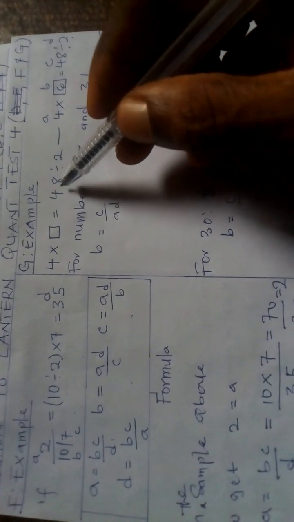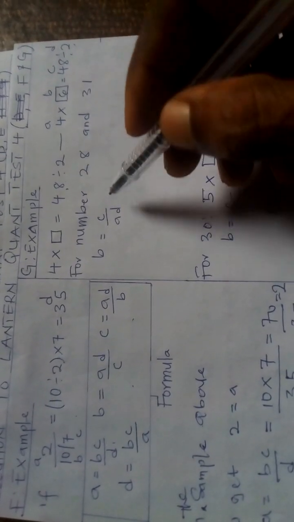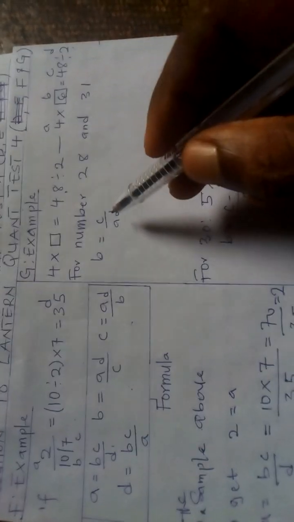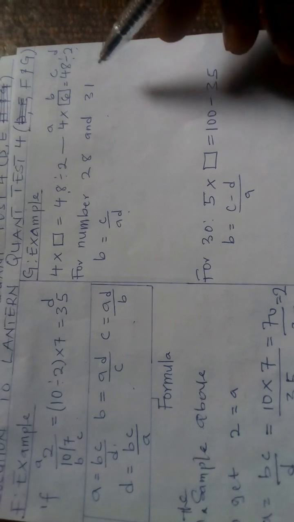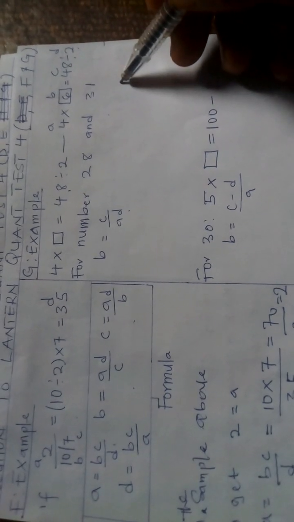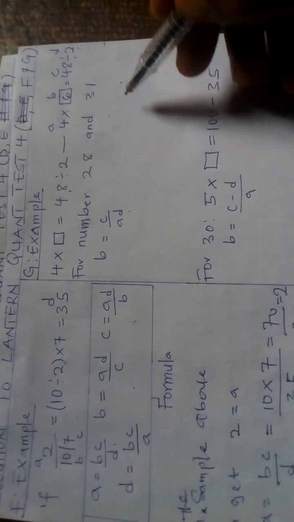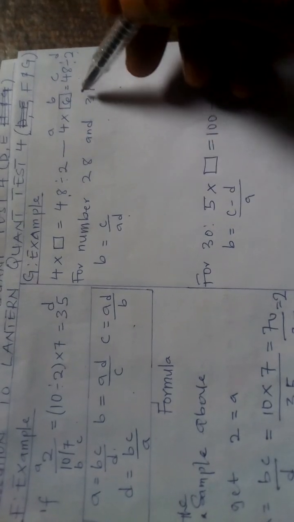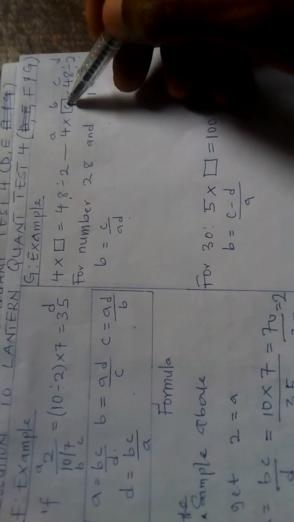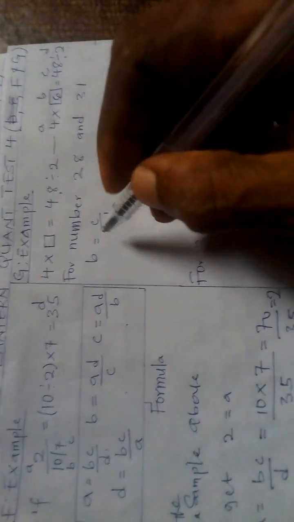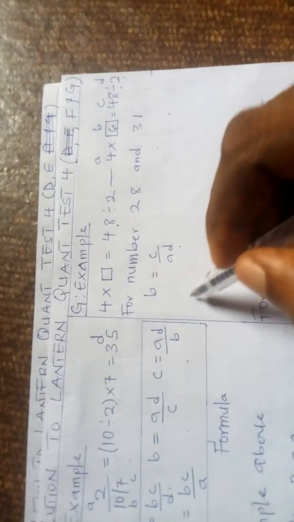So we have 4 times this box, and now we're going to make sure you use this particular formula here to answer number 28 and number 31. Because in number 28 and 31, you are only told to find the number in this particular box. So we work based on the problem we are facing. Now let's go ahead and see.